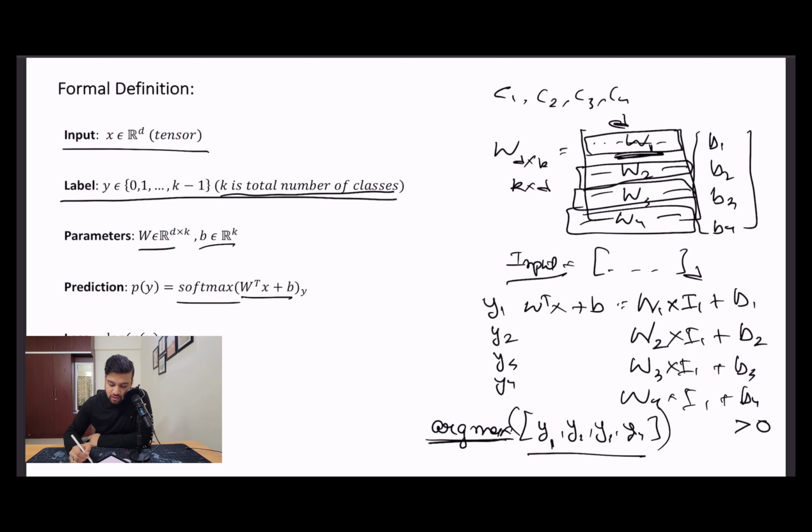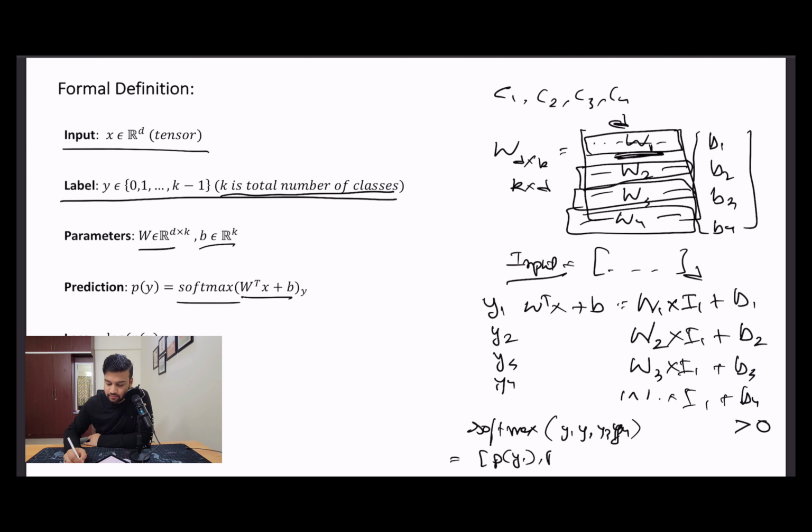So let me write it like this: softmax of y1, y2, y3, y4 will give you an array of probabilities.